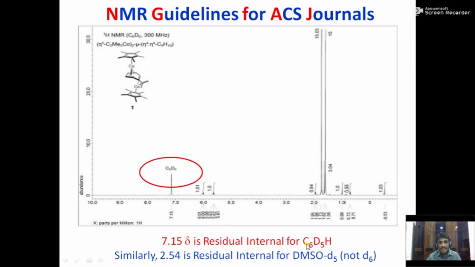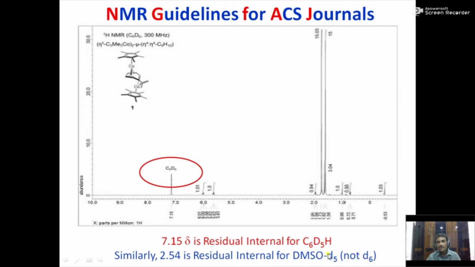It is treated as the residual internal reference for the NMR spectrum, and it is because of this C6D5H. A very small quantity of protonated benzene is left, though the benzene molecule is deuterated, and it is giving the signal at 7.15. Here you can see that at 0 there is no TMS.